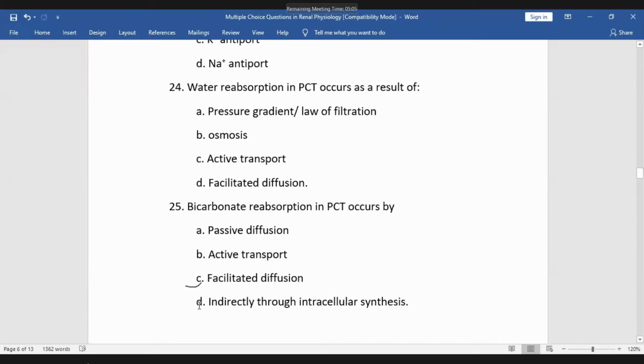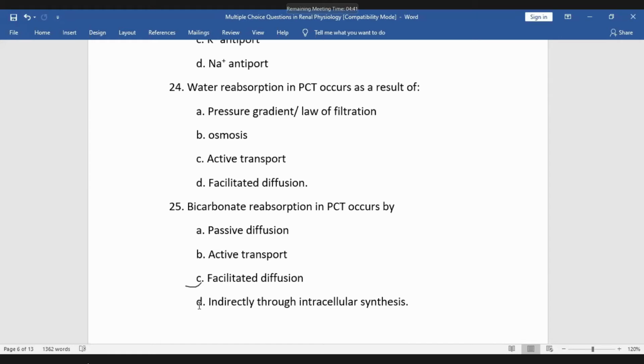How? The bicarbonate appears in the form of sodium bicarbonate. Agree? And sodium is reabsorbed either actively or by exchange with the hydrogen ion. Agreed? Now, this is how sodium is reabsorbed, but the bicarbonate still remains in the tubular fluid.